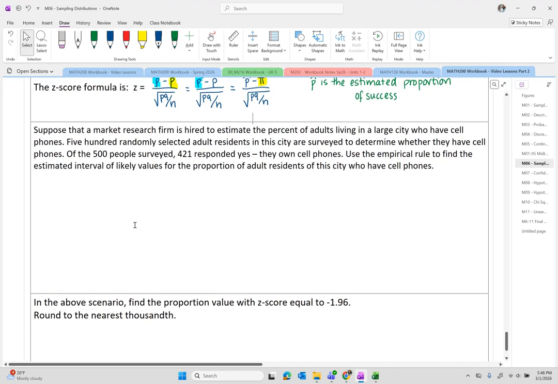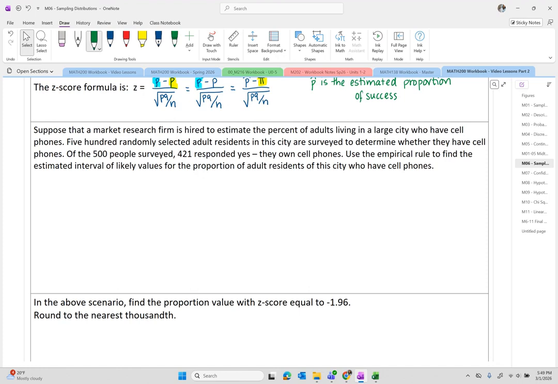Suppose that a market research firm is hired to estimate the percent of adults living in a large city who have cell phones. So the population is the adults living in a large city, and the variable that we care for is whether they have a cell phone or not, which takes two values. Yes, they do have a cell phone, and no, they do not have a cell phone.